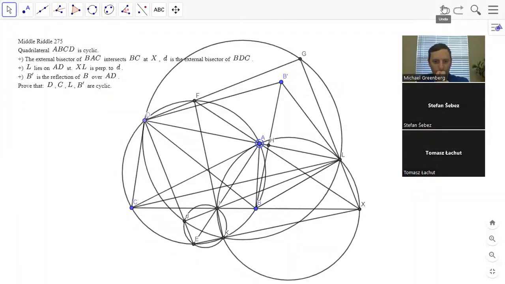Okay, so how do we find DBL and DCL? DCL is DCA plus ACL. DBL is DBA plus ABL.